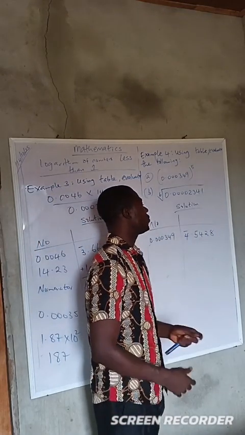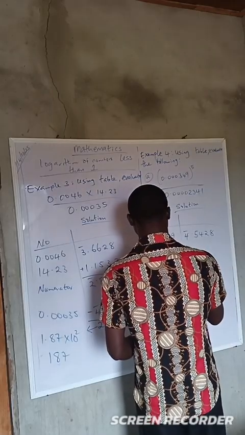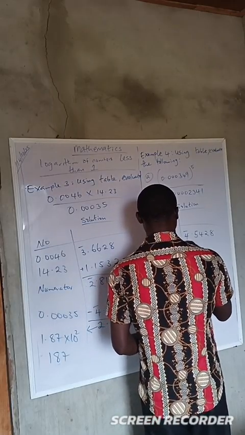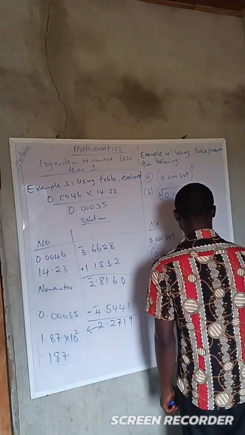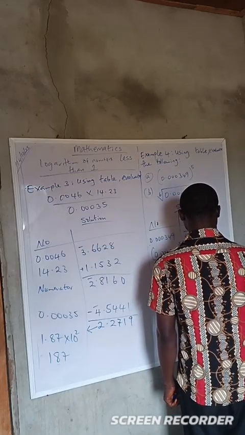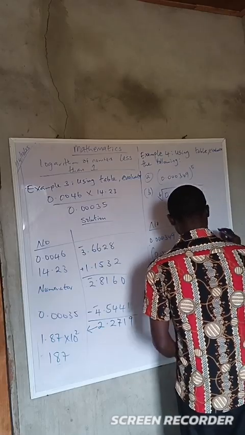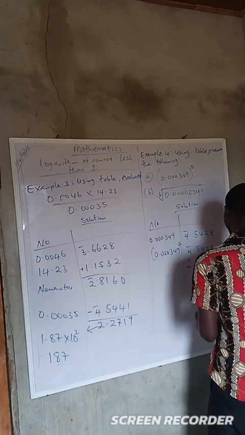To the power of 5. We can come to the conclusion that 0.000349 to the power of 5 is what? Bar 4.5428 times 5. So we can multiply now. 5 times 8 is going to give us 40.